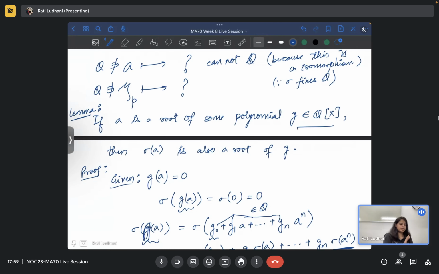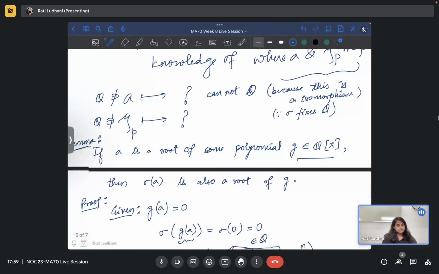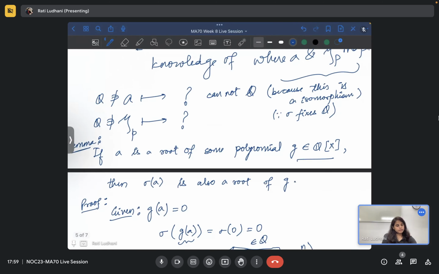Okay, so we have this. So in the light of this lemma, we know that a should map to some root of a polynomial which has the root a. So you consider a polynomial of which a is a root, and then you can map it to some other root of the same polynomial.